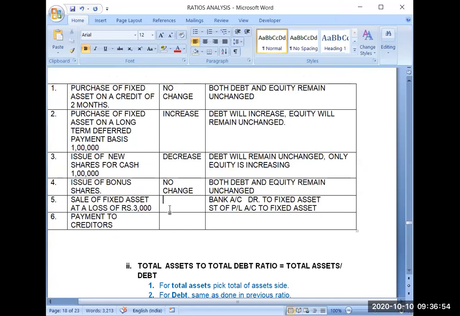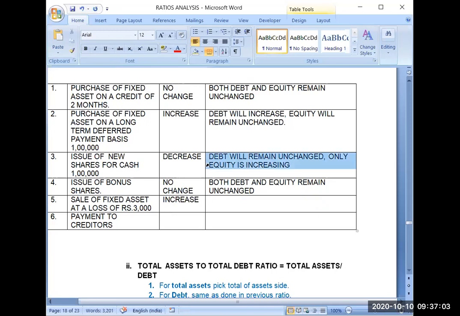So the answer here will be increase. And debt will remain unchanged, only equity is decreasing.